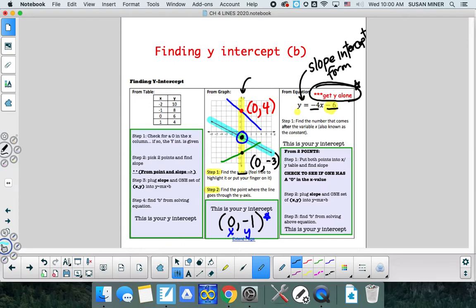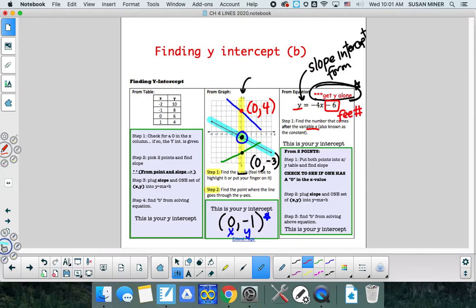I'll help you with that in just a minute. We'll remind ourselves how to do that. But for now, once I have my equation in slope-intercept form, with y by itself on one side, all I have to do is find the number that comes after the x variable. It's the one that's not paired with my x, right? It's my b number.